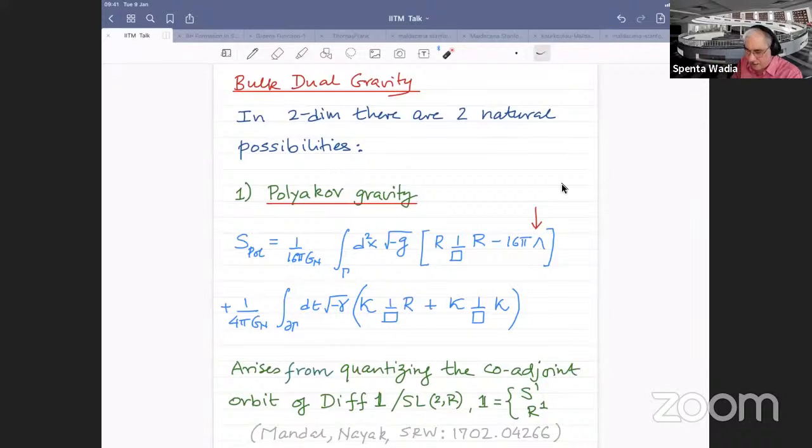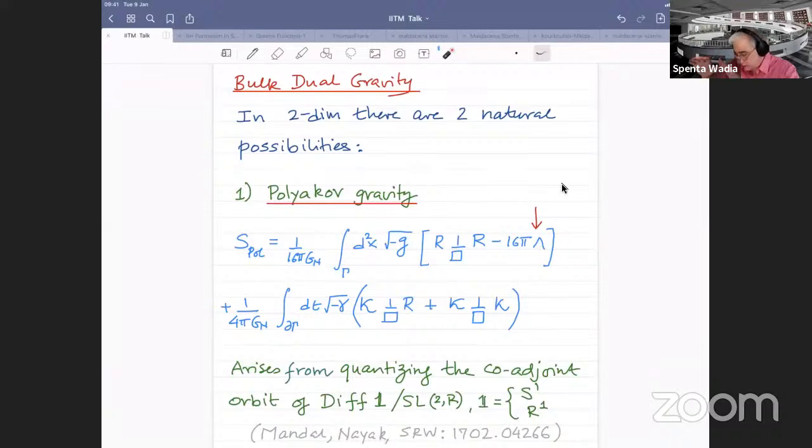The SYK model is not conformally invariant. It's a very important point. It's only for coupling constant J equal to infinity that it is conformally invariant. But for any finite but large J, there are deviations from conformal symmetry, which are precisely described by the Schwarzian action, which I mentioned before.